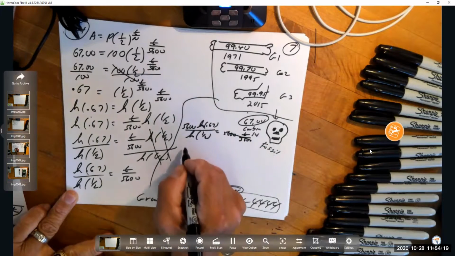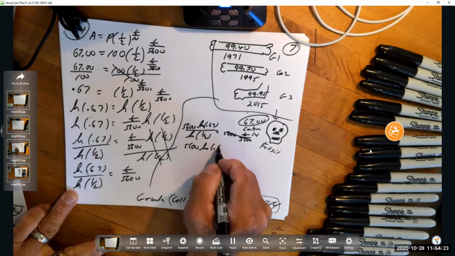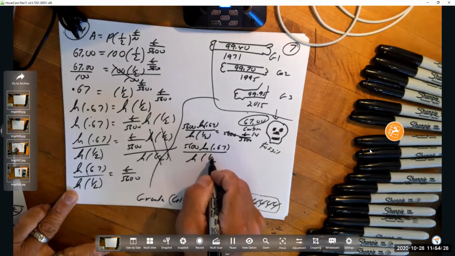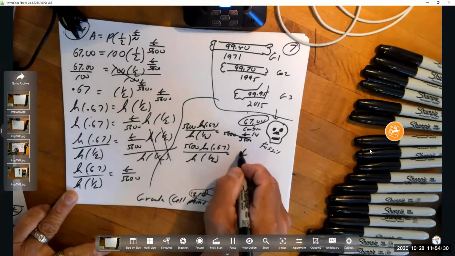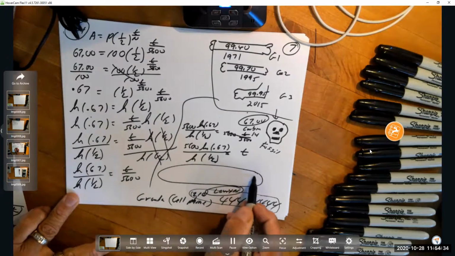I know these are gone. So I have 5600 ln of 0.67 divided by ln of half equals T. All right.